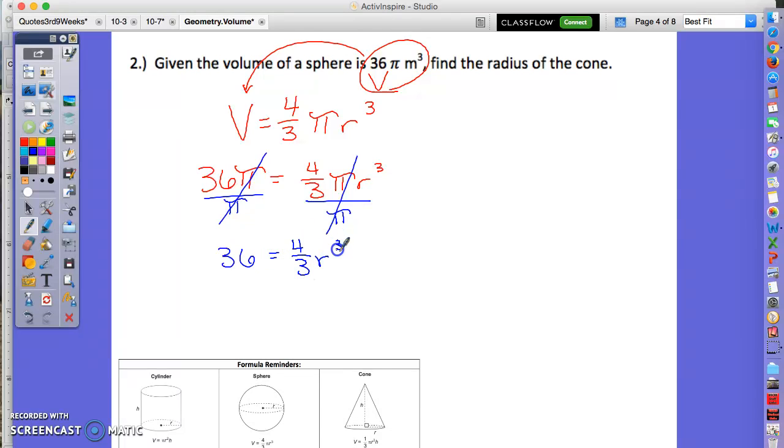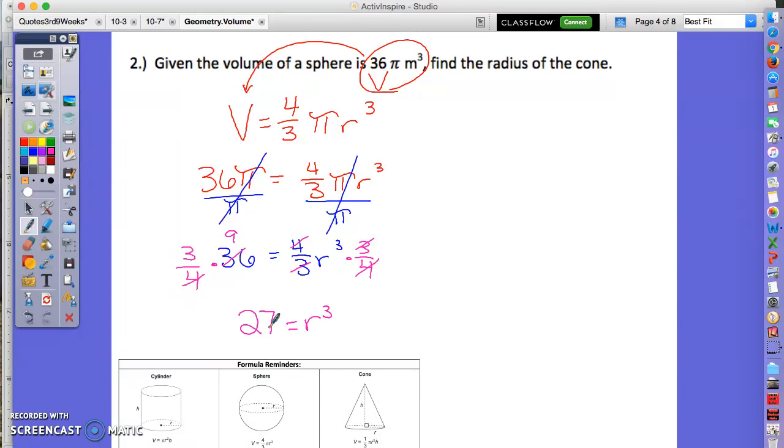R is also being multiplied by 4/3. So what could I do to undo that? I could multiply by 3/4. That's going to cancel. I like multiplying by the reciprocal. And you will have a calculator, so you could use that. I could do this on my own. This is going to give me 9, and 9 times 3 is 27.